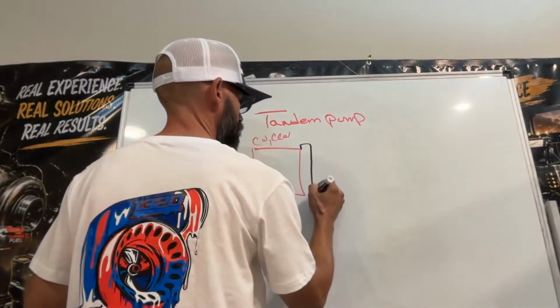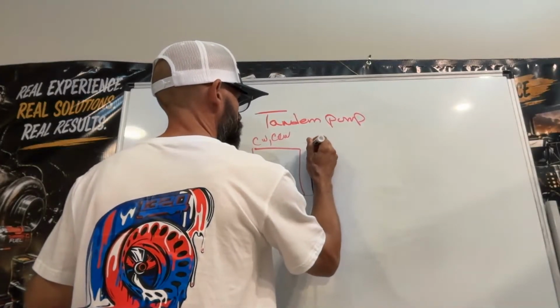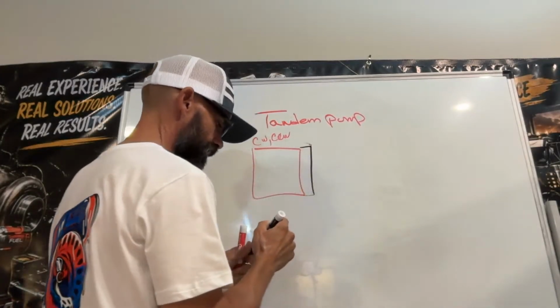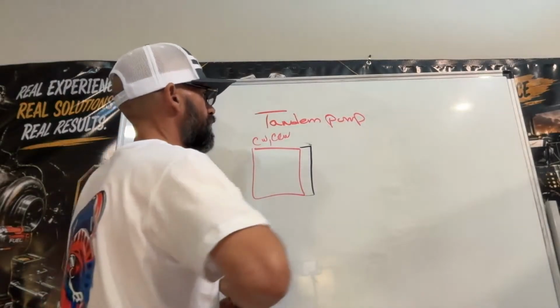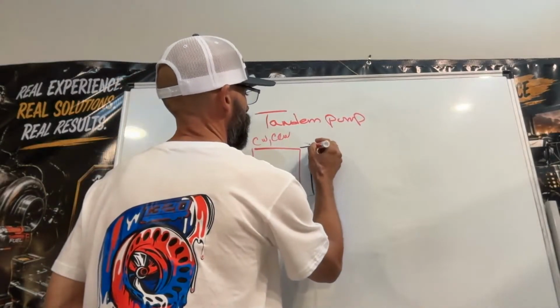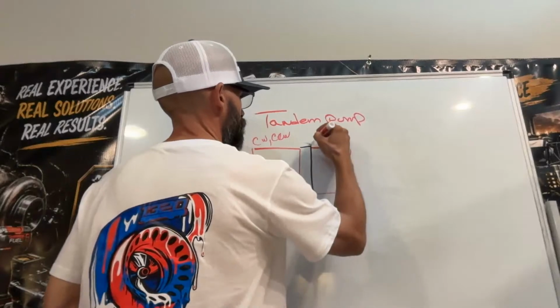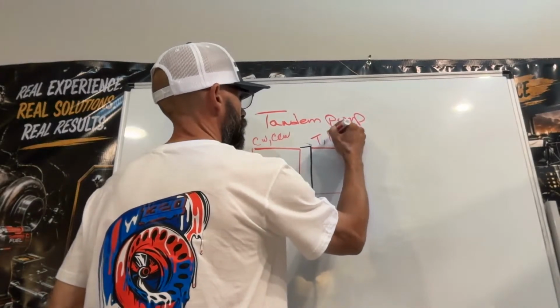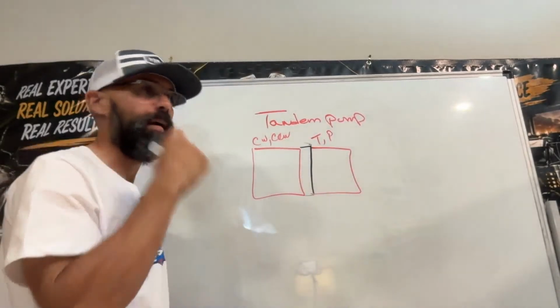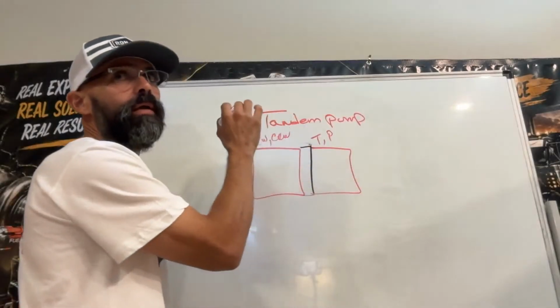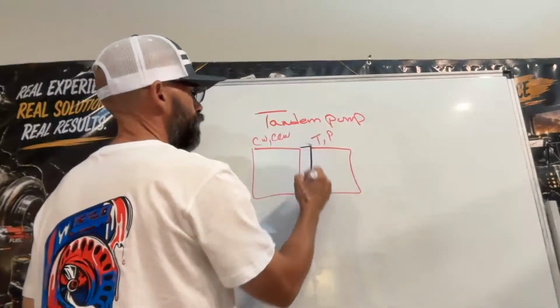Should do it like this. You're going to have your middle section, and then back here, you're going to have your thrust and pullback, right? This pump right here, you're going to have a relief valve.